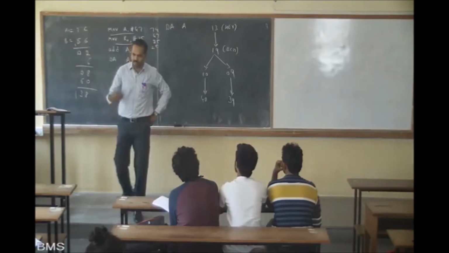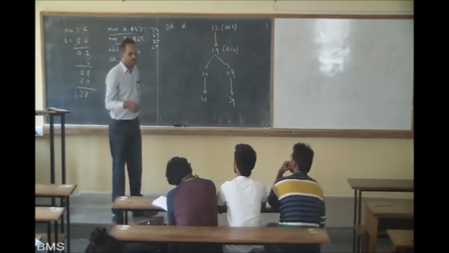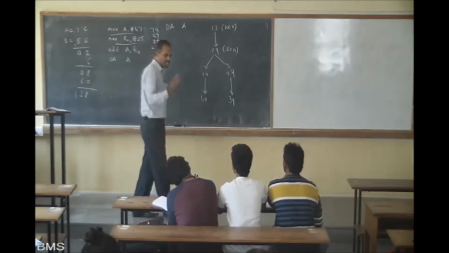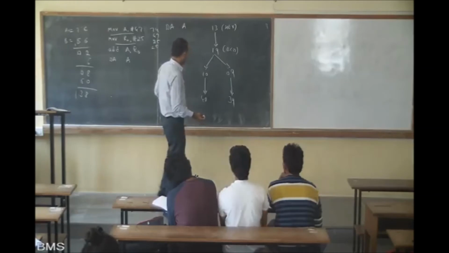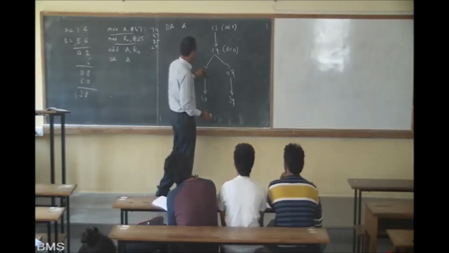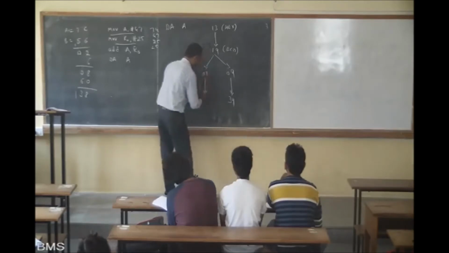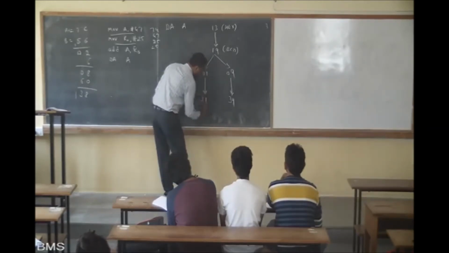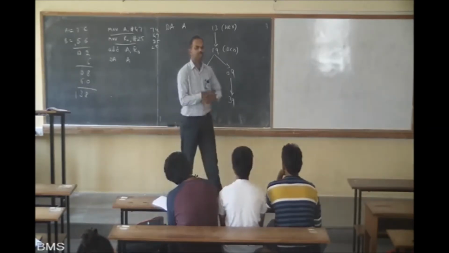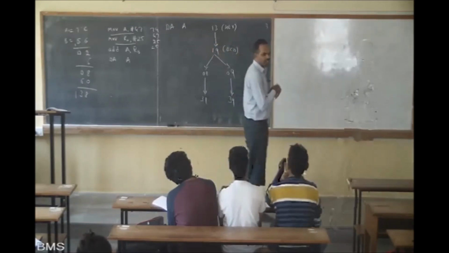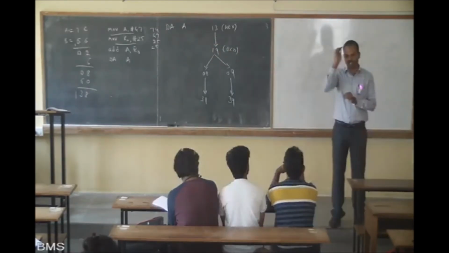When we say decimal, there is no 10 in decimal. There is 1 and then there is 0, so it has to be 0, 1 only, that means 31.